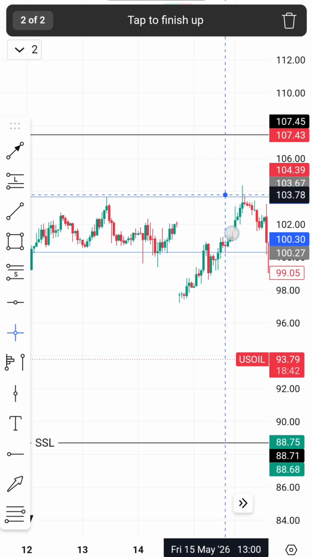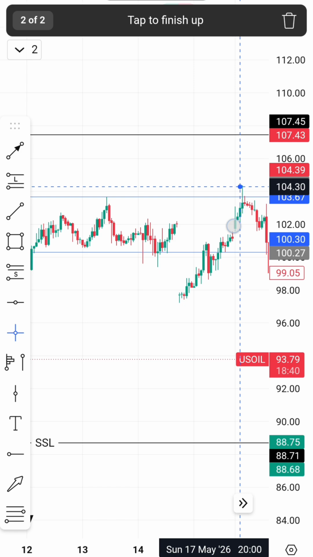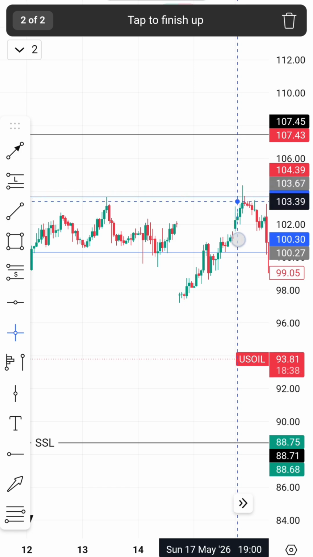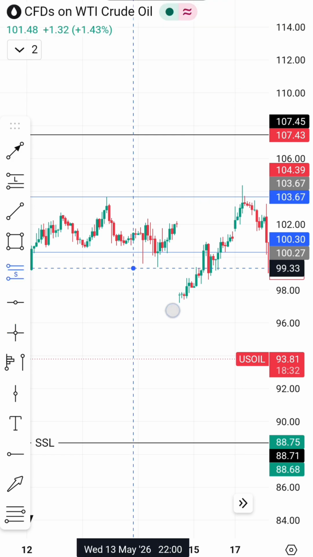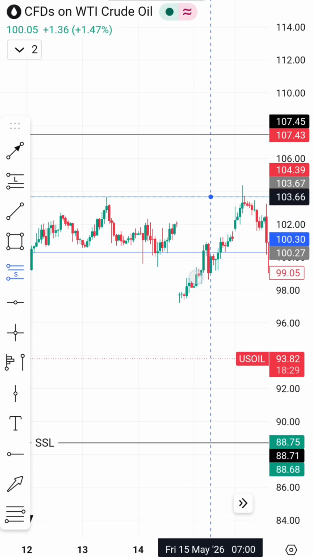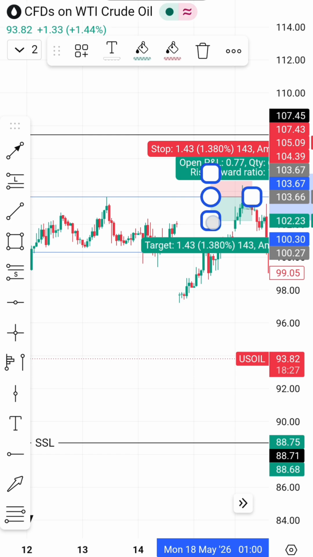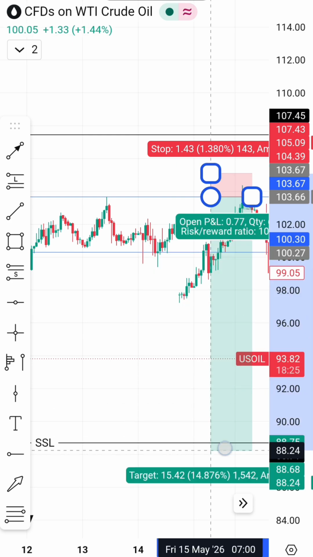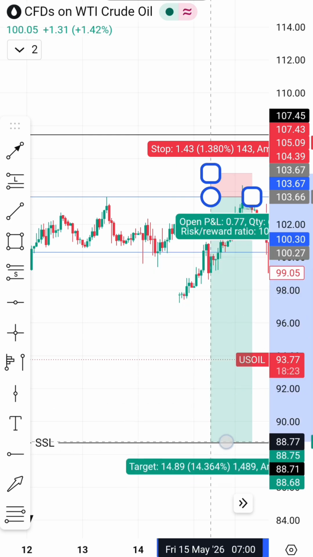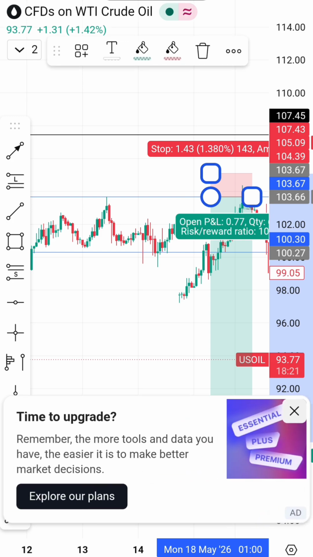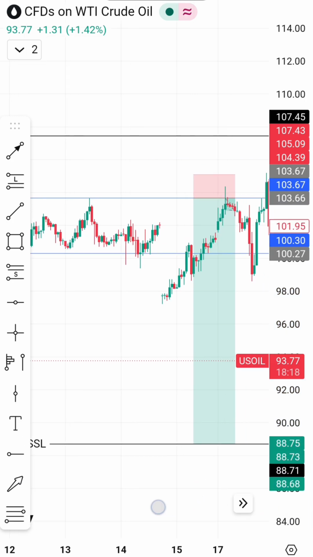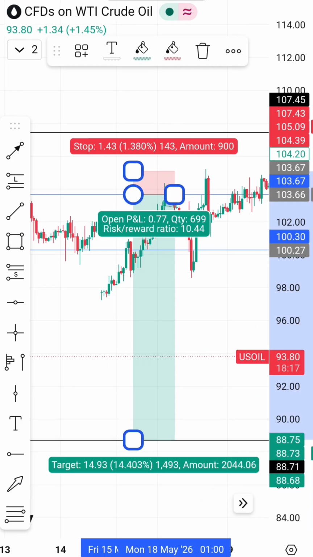Now we are on the second trade. Let me put it there so that we analyze it correctly. Let's see what happens. Then of course the stop loss is above the 100.